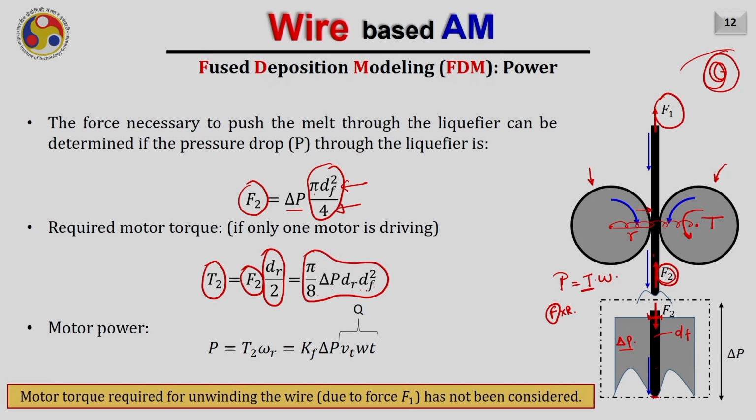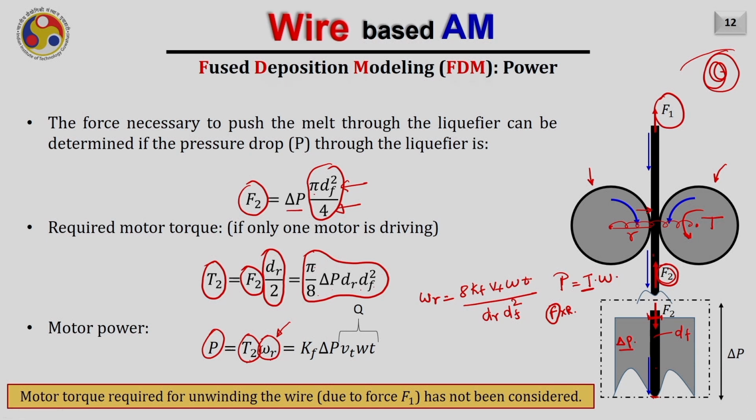Now, let us find out the power required. Of course, the power required for the motor will be equal to the torque required into the angular velocity of the motor or the rollers. So, it will be T2 into omega r. Now, I can put in the value of omega r which we have just derived, and it was omega r equals 8 kf Vt Wt divided by dr dF square.